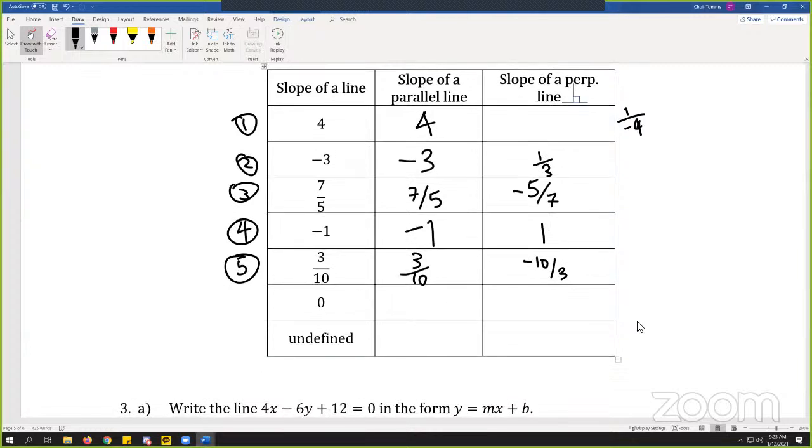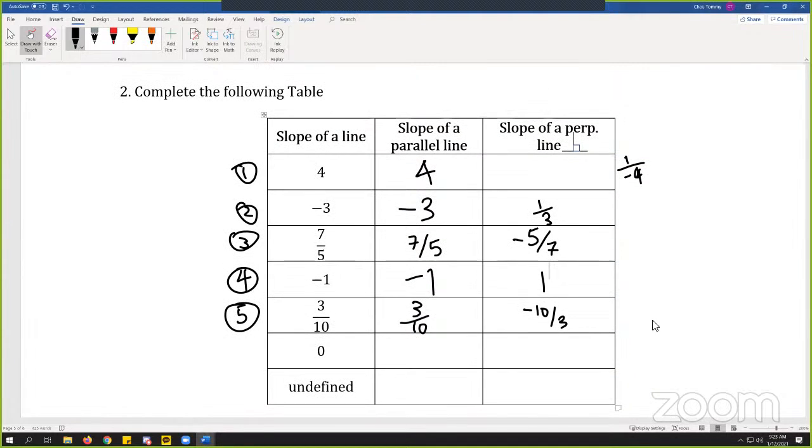Very good. Okay, so then we have the slope of a line is 0. Next person would be Elia. What's the slope of a parallel line if the slope is 0? 0. Perfect. And what about the perpendicular line? Nope, not 0. This one's tricky. Elia got a hard one.